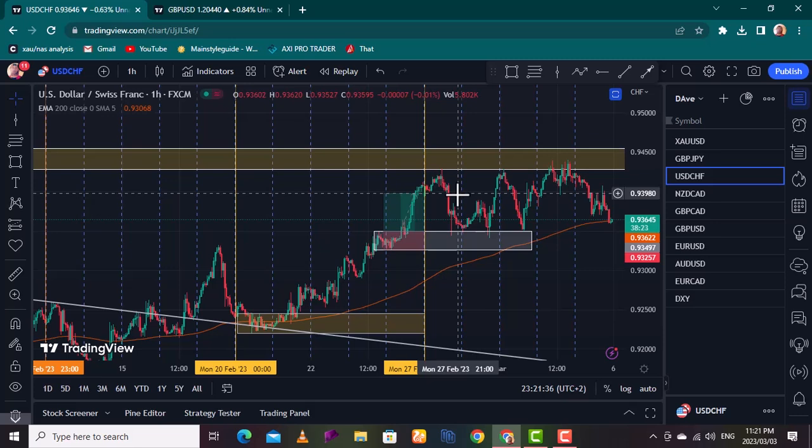I'd also like to explain why I took 122, not 123 or whatever. Whenever I set my targets, I don't want price to make new lows or new highs for this example. So I didn't want price to have to trade above this swing high for me to take profit.